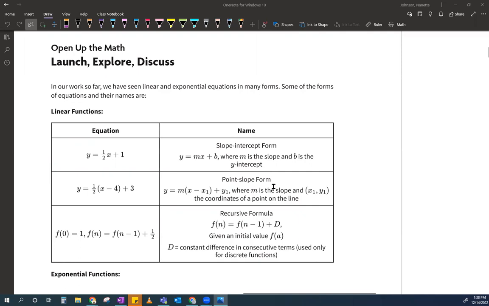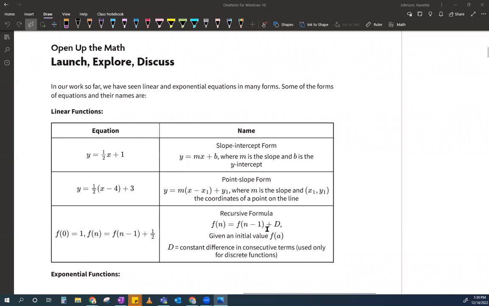And then we have point-slope form, which is what we just learned: y equals m(x minus x1) plus y1, where m is the slope and x1, y1 are the coordinates. And b is your y-intercept. Again, your y-intercept is just a special point.